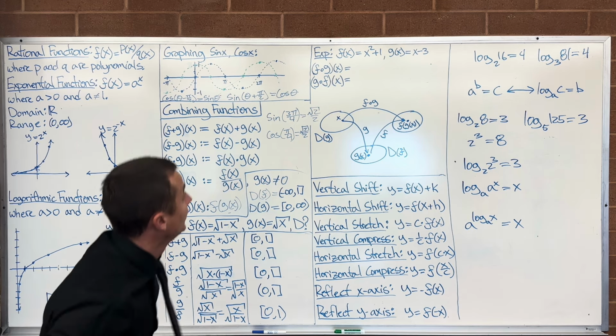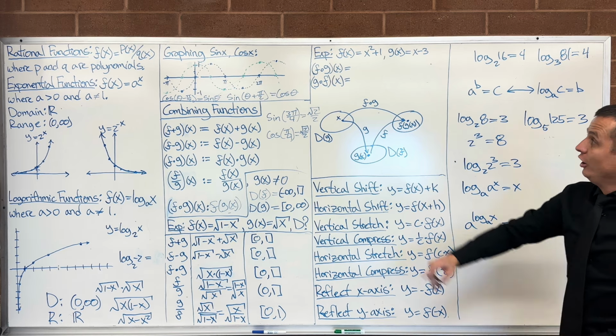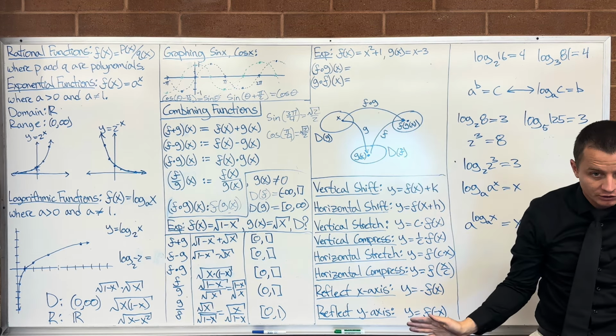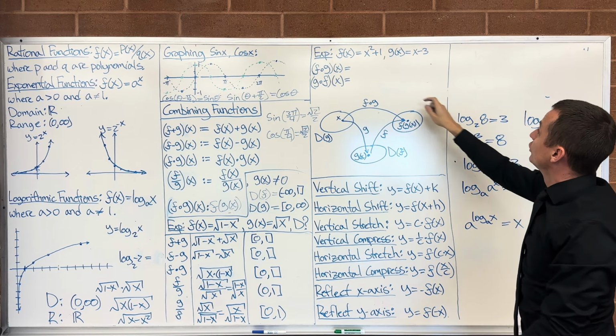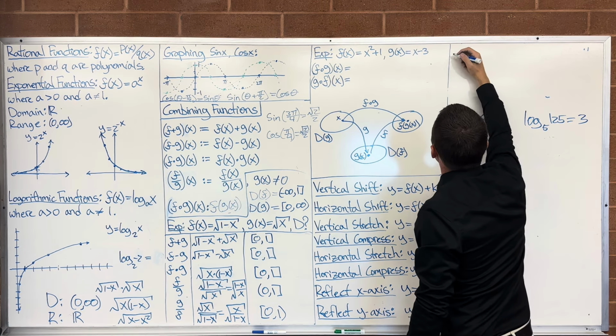Okay. Now, function composition. Function composition means you just plug one function into the other function. So, let's do this over here really quick. Here's my f, here's my g. I'm going to look at f composed with g of x.